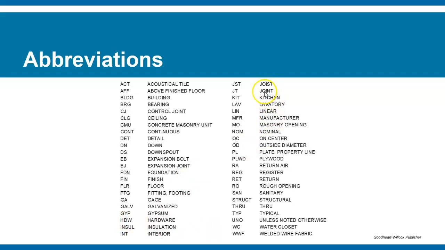So we've got joints, kitchen, KIT, lavatory, LIN, linear, MFR, manufacturer, OC, on center, OD, outside diameter. So these are all abbreviations that we would see typical in a set of drawings.